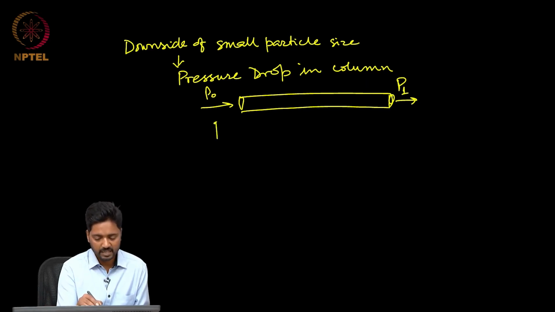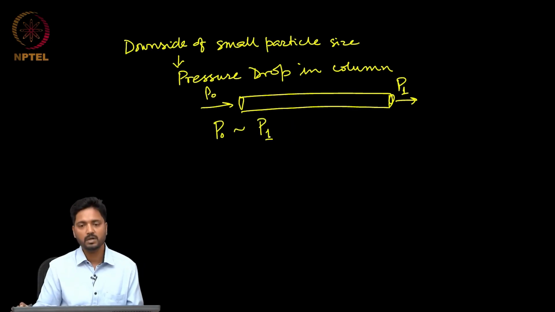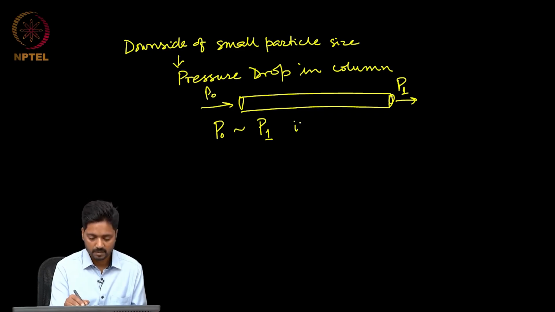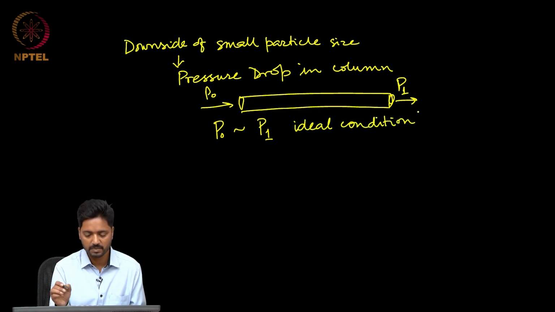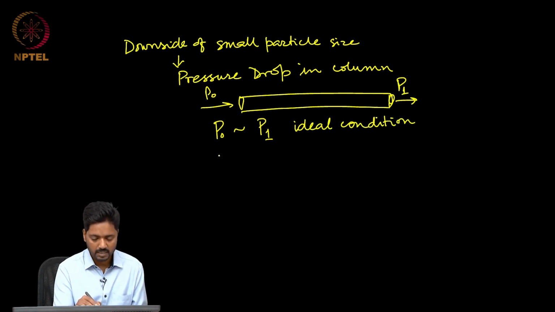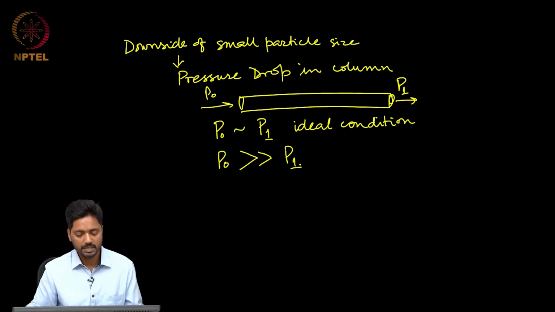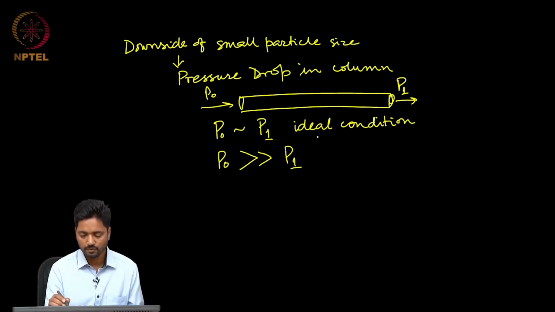What we would ideally want is that P naught is similar to P1. However, if we are using particles which are very tiny and which restrict the flow of the solvent, then the ideal condition of P naught being similar to P1 does not hold, and what we observe is often that the initial pressure at the column is much greater than the final pressure at the end of the column.